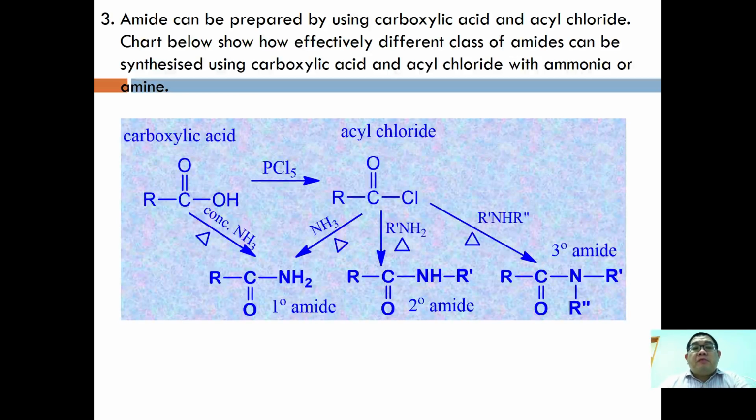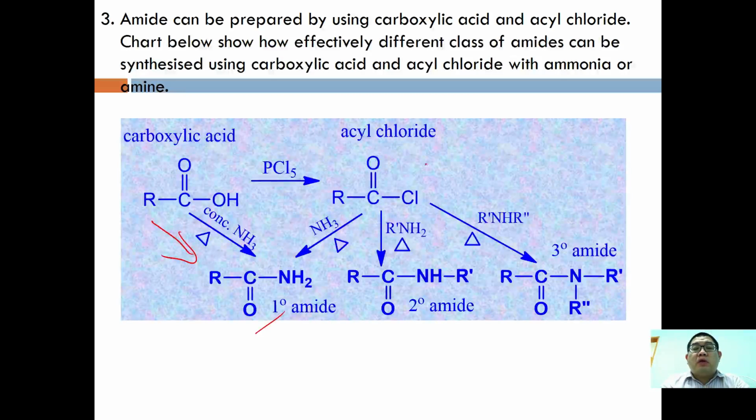Amides can be prepared using carboxylic acid and also acyl chloride. The chart below shows how different classes of amide can be synthesized using carboxylic acid and acyl chloride with ammonia or different classes of amine. Generally, primary amide can be synthesized using concentrated ammonia with the carboxylic acid, or you can react with acyl chloride.